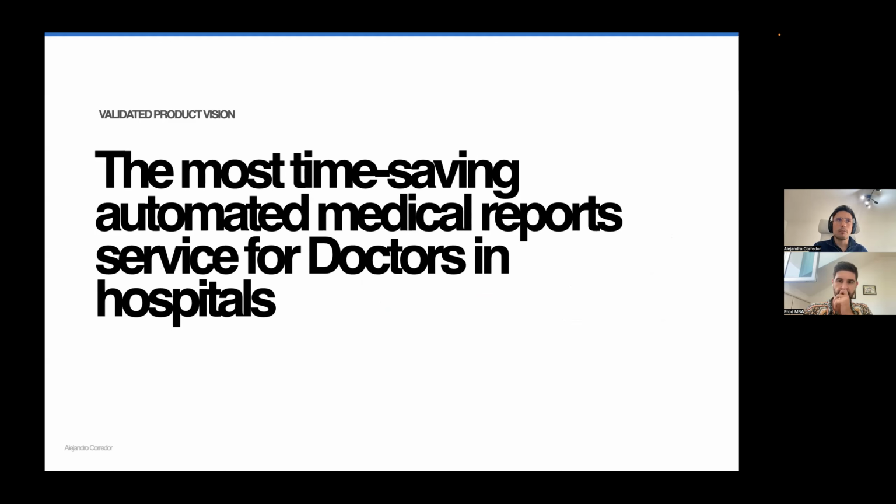This is important to communicate what we want to aim for in the future, not necessarily only with AI, but with any other emerging technology that arrives. So in this case, we came up with the most time-saving automated medical report service for doctors in hospitals, and not only in Switzerland, but for any kind of hospital and any kind of doctor.